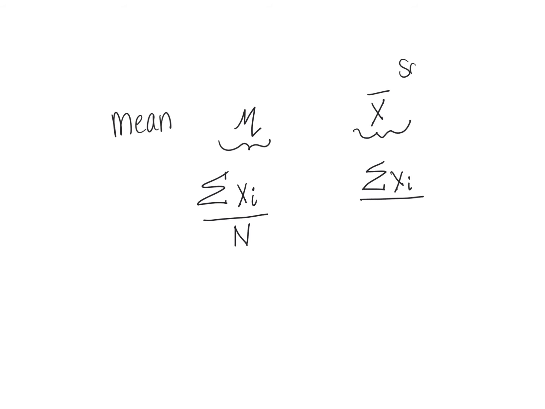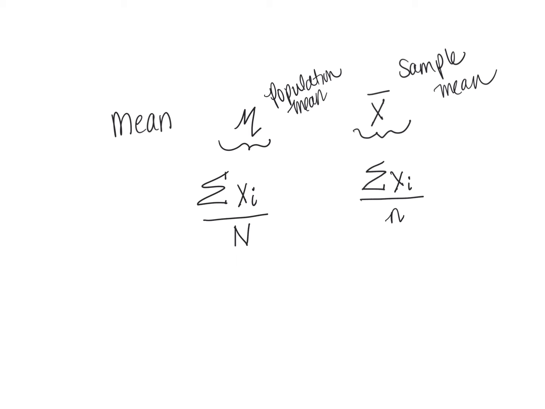This is called the sample mean. This one we would refer to as the population mean. This would just have a little n showing that it was a sample instead of the full population. So that is the mean.